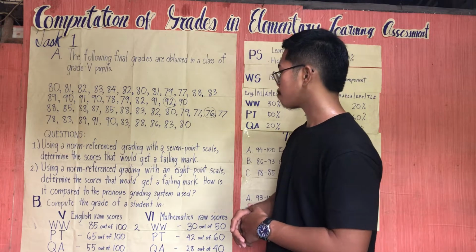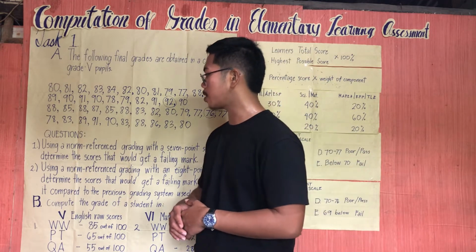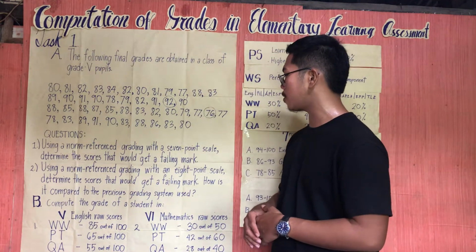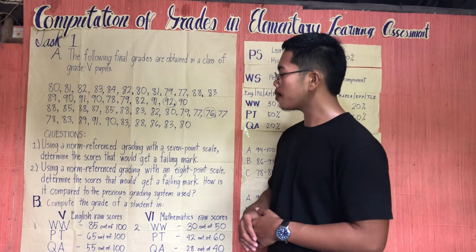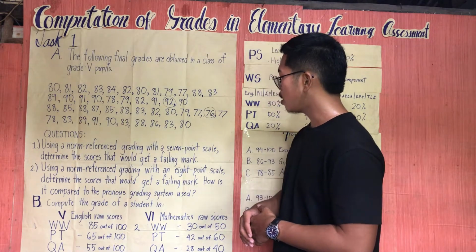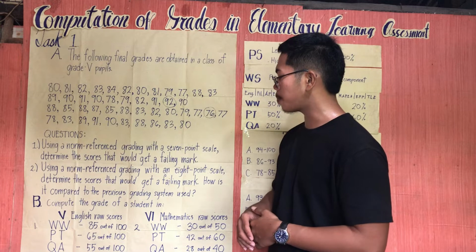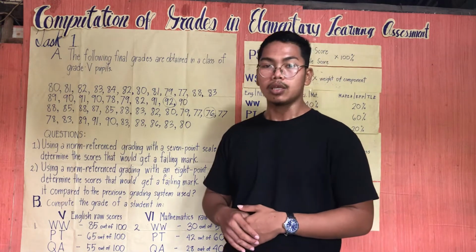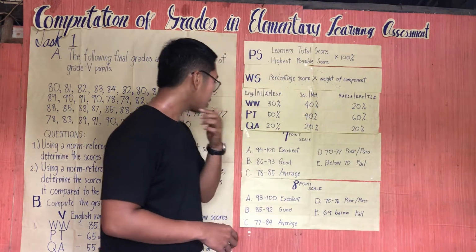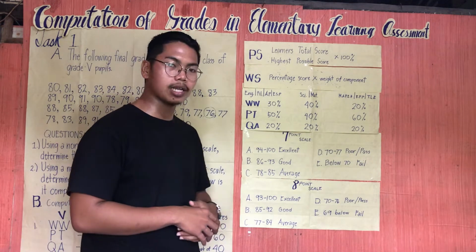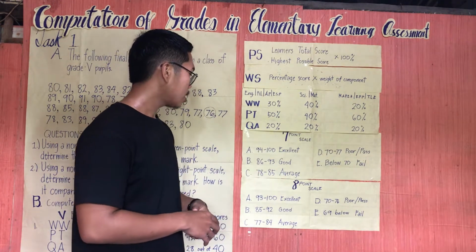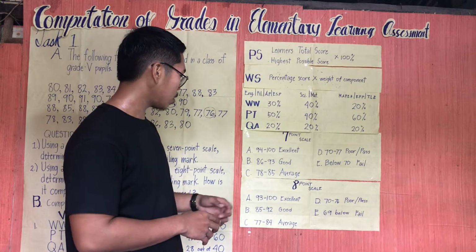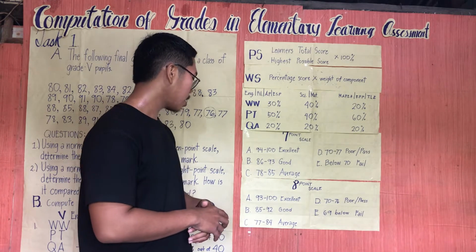For question number 2, using a norm-referenced grading with an 8-point scale, determine the scores that would get a failing mark. How is it compared to the previous grading system used? Since we have had a glimpse of the 7-point scale, we will also tackle the 8-point scale.